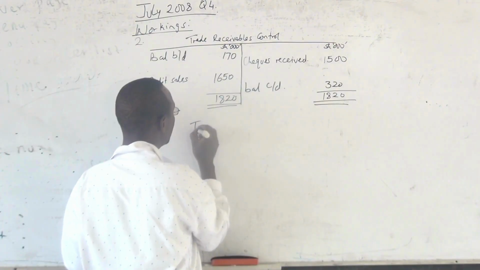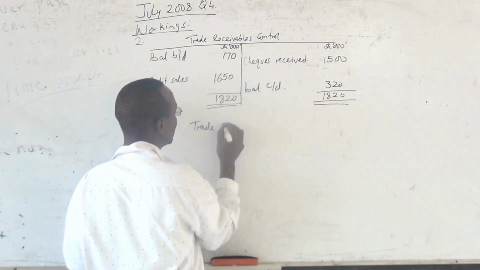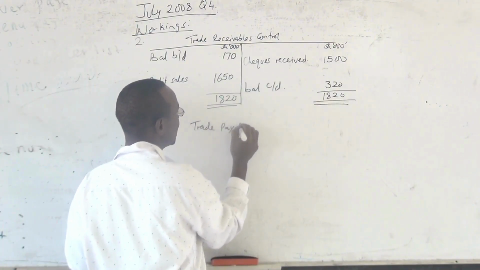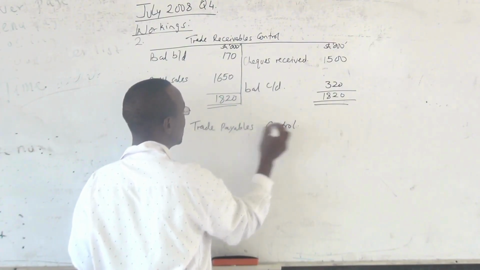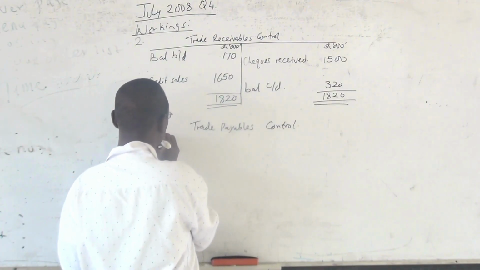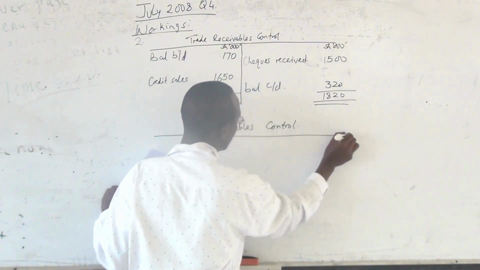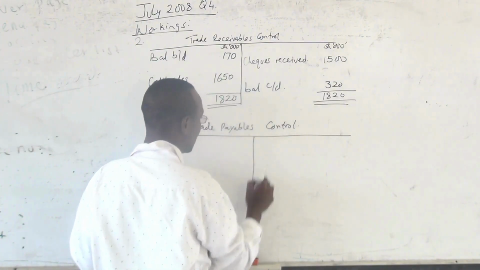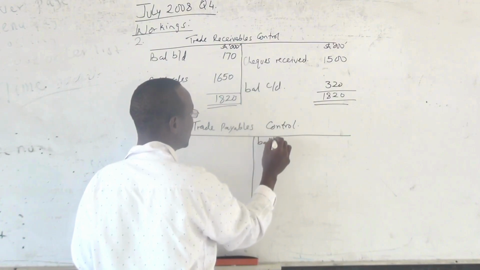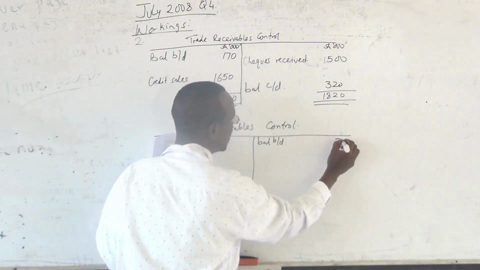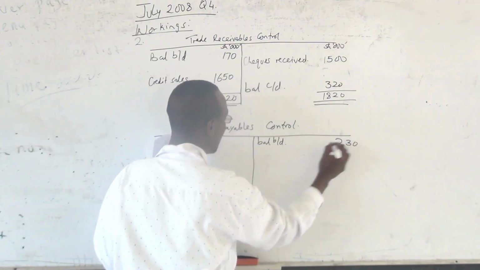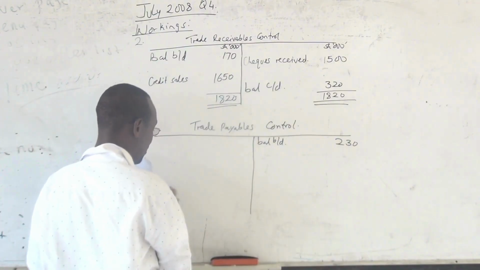The trade payables control. Do it like this. Can you see the balance of the creditors at the beginning of the period? It's 230. It's there. At the end of the period, number 5.